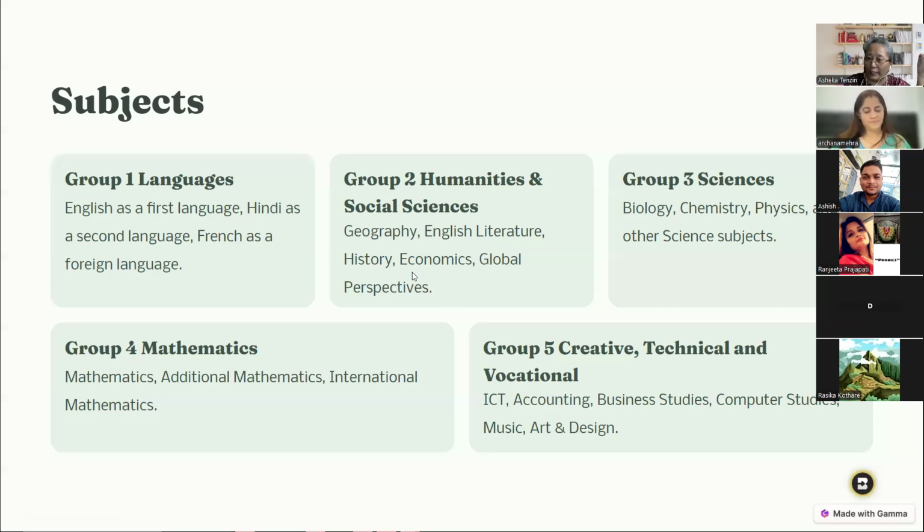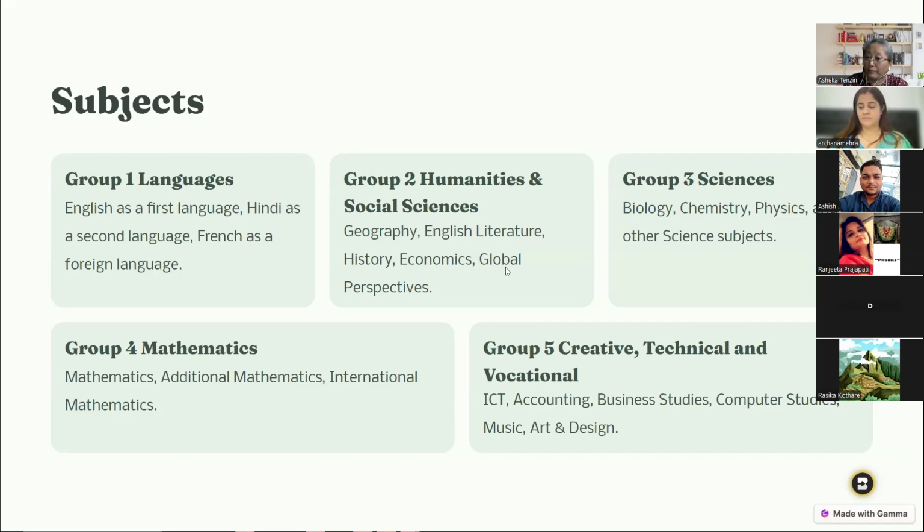But it is always advised to take 1 social science subject if you are going to study in India in a junior college, because junior college requires you to study at least 1 social studies subject in grade 9 and 10. So preferably you could do global perspectives or geography or history.